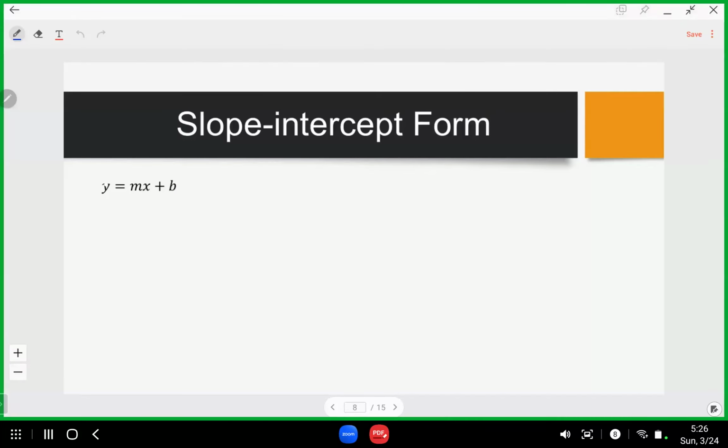Any 2 points. So can you draw a line from 1 point? You can't, right? You can't draw a line that you can control in 1 point. You don't know where it's gonna go. You don't know how big the slope is, how steep the line is with just 1 point. It can rotate, it can do whatever. You don't want that.